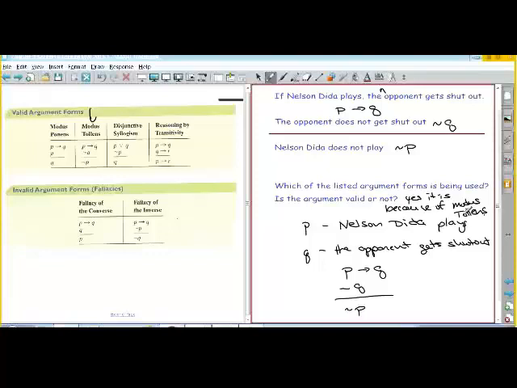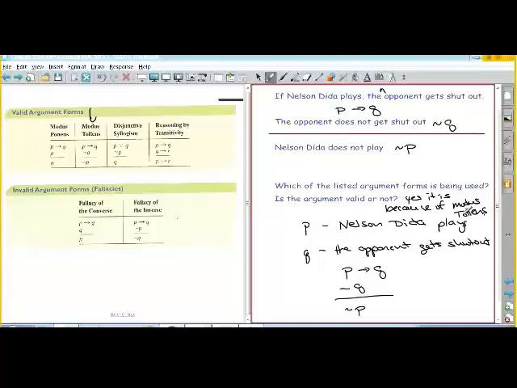Now the problem here is, of course, the original statement is maybe not correct. Because if the opponent doesn't get shut out, I mean, there are cases where somebody else played and the opponent got shut out. This is a kind of inclusive statement of everything. This guy plays, then the opponent gets shut out.